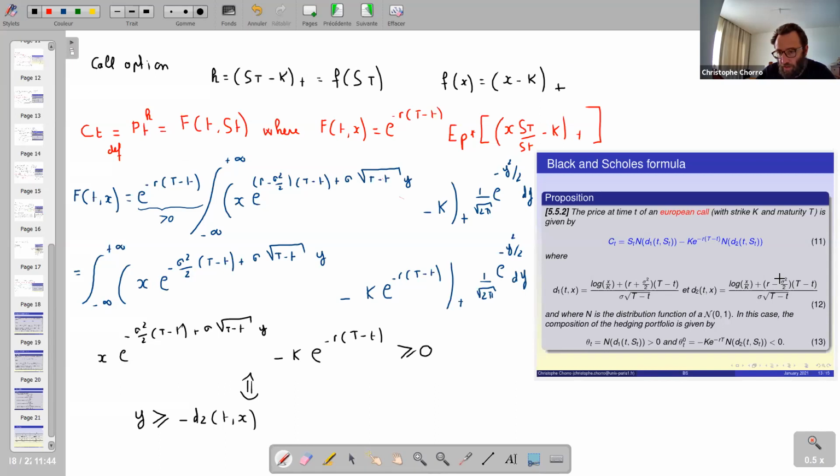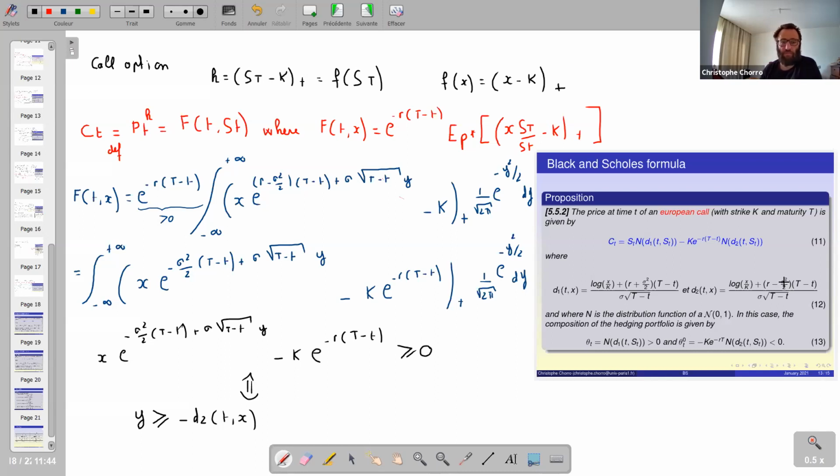So do it by yourself at home. I repeat that you move this one over with a plus, you divide by x, you take the logarithm, you add this one and divide by sigma the square root of capital T minus T, to obtain y greater than something, and this something is none other than the minus d2 defined here.